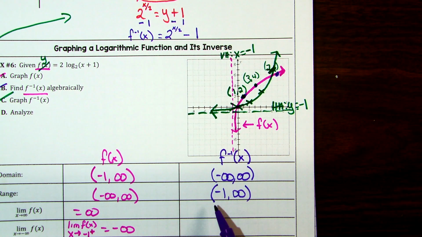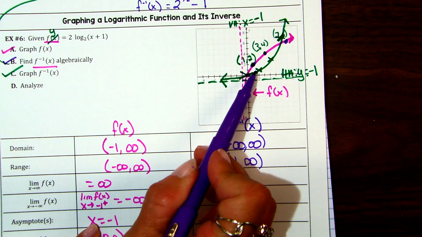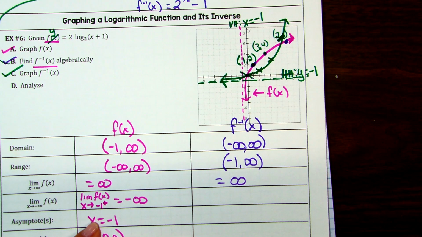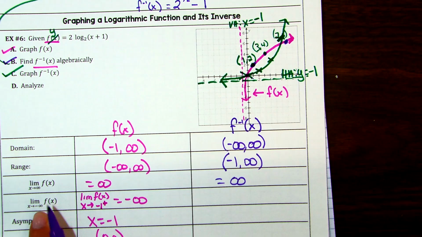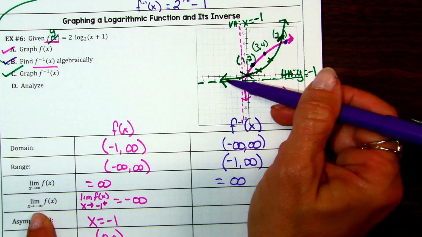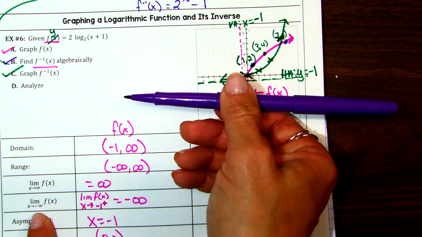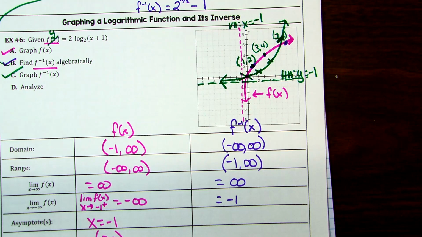Okay. End behavior, as x goes to the right, look at the green graph. As we go to the right, y's are going to infinity. To the left, this one's fine, right? Nothing stops it from going left, but something is stopping it from going down to -infinity. We can't go past -1.